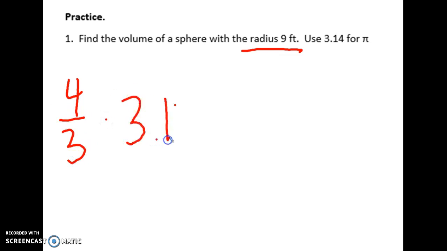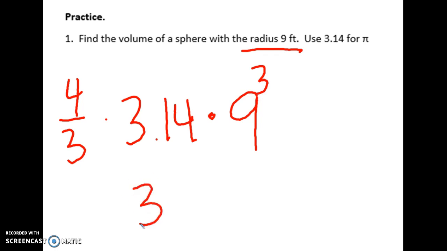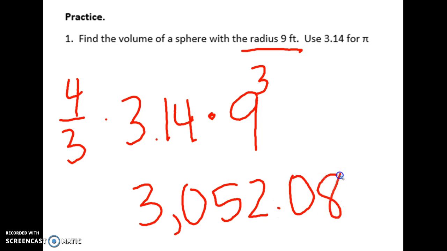We're going to use 3.14 times our radius, which in this case is 9, and then raise it to the power of 3. So go ahead and try that. Your answer should be 3,052.08. The label was feet, so we need to label it feet, 3-dimensional, so cubed.